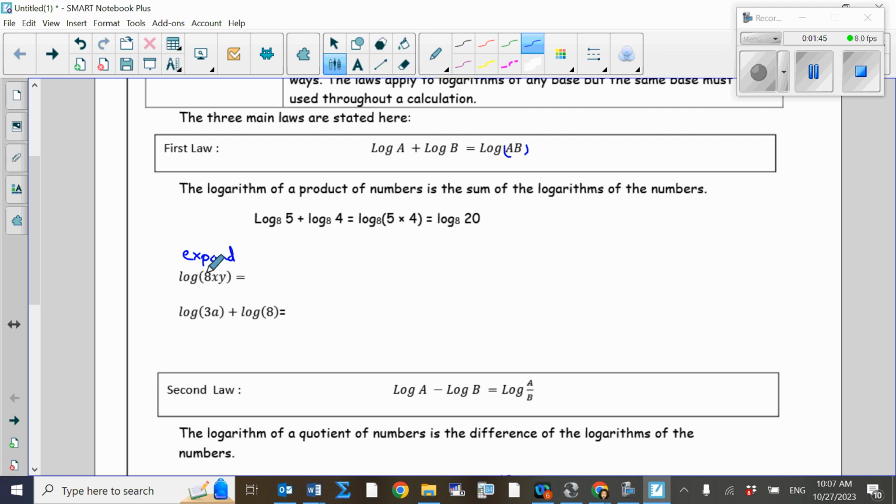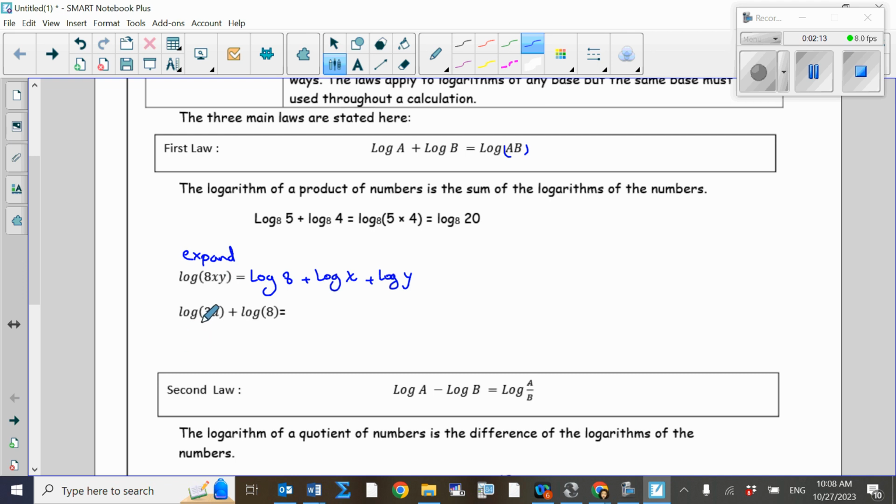Since I have 3 factors here that are multiplied by each other in this product, I need to write this as 3 different logs. So that's going to be log of the first factor, 8, plus log of the second factor, x, plus log of the third factor, y. So this is how you expand this expression.